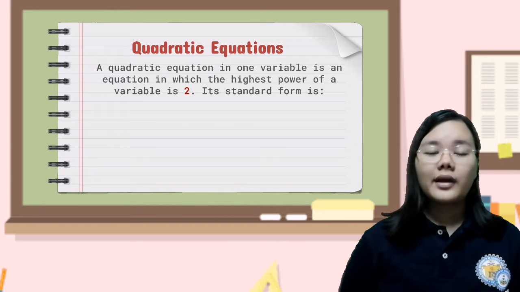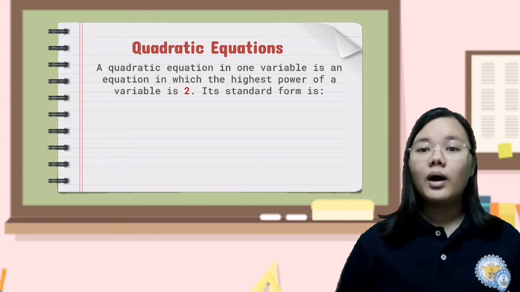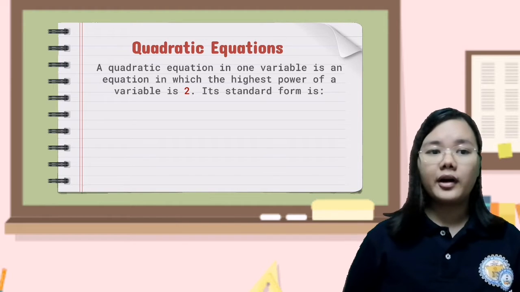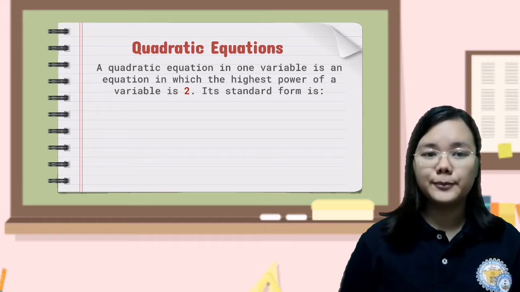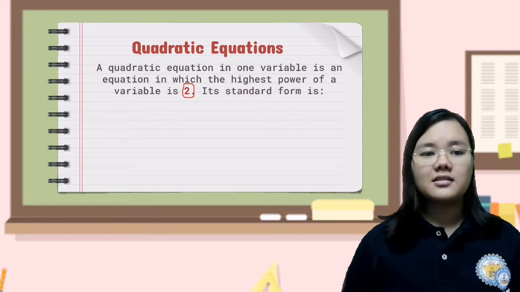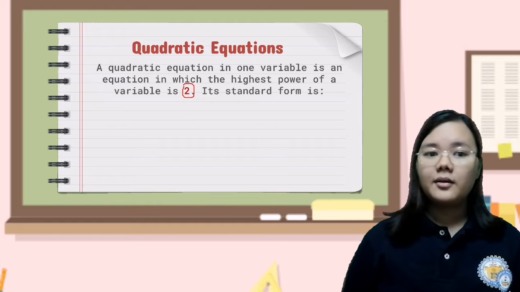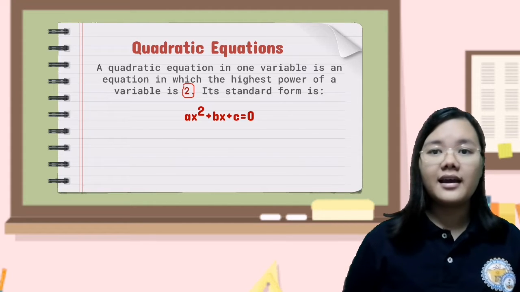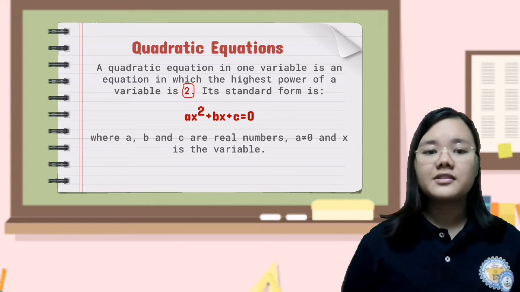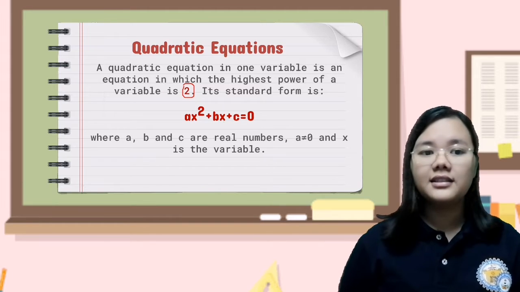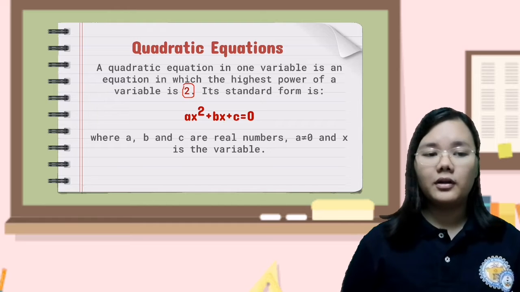A quadratic equation in one variable is an equation in which the highest power of a variable is 2. The standard form of this equation is ax squared plus bx plus c equals 0, where a, b, and c are real numbers and a is not equal to 0 and x is the variable.